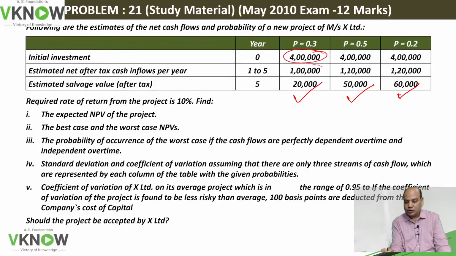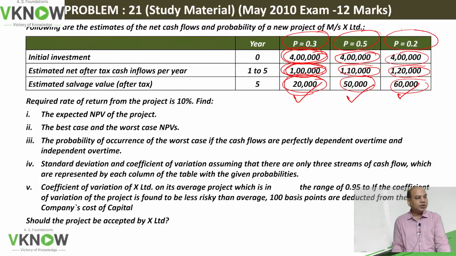So I am going to first compute three NPVs, assuming that initial investment will be 4 lakh, estimated cash flow after tax will be 1 lakh, and salvage value. And the same thing we will do here also. We will compute 3 times NPV, and once we compute 3 times NPV, we can multiply by the respective probabilities and we'll be able to find out the expected NPV.